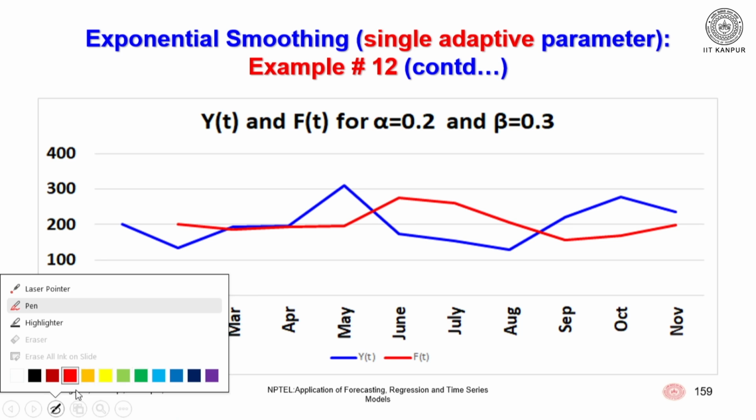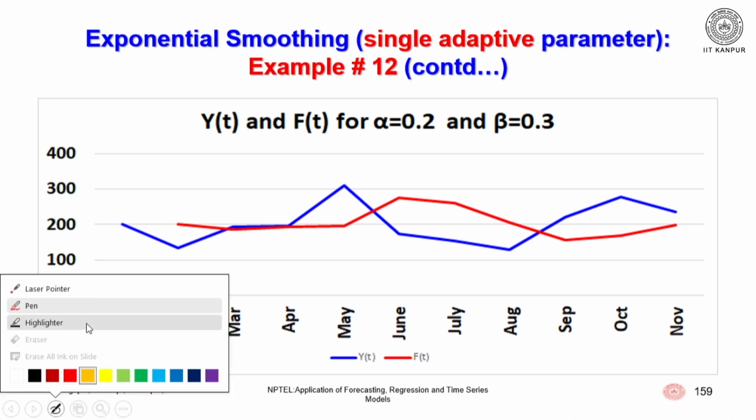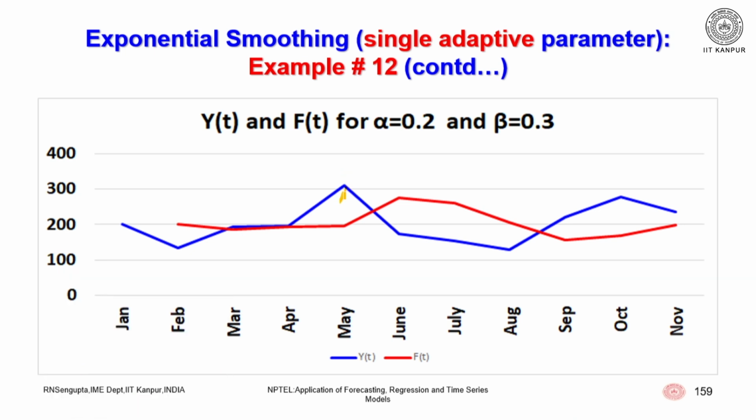So, I will use, say for example, the orange color. So, when I am considering the value for May, this is the error which I have, and that is what we were trying to plot in the column given by ET.